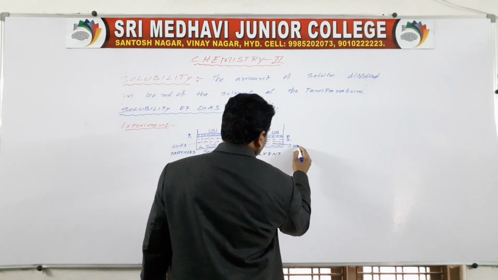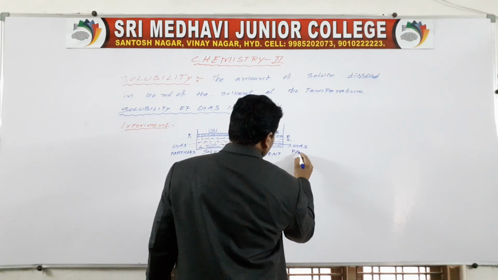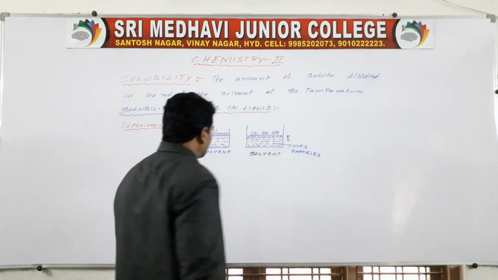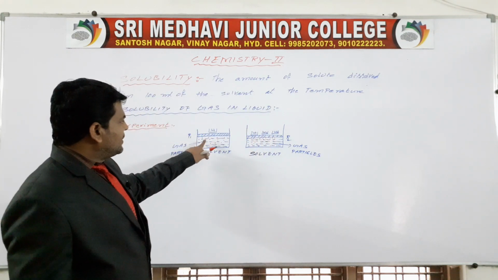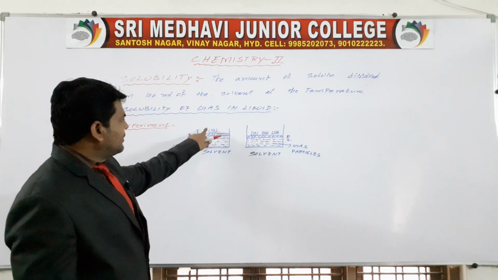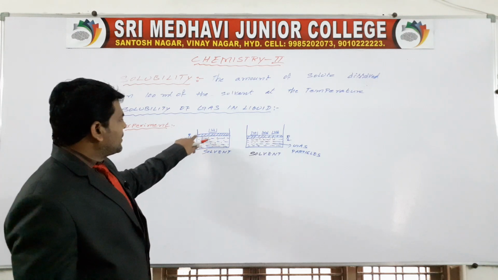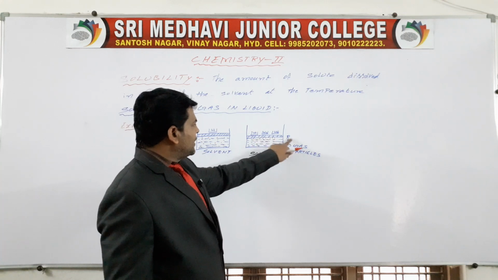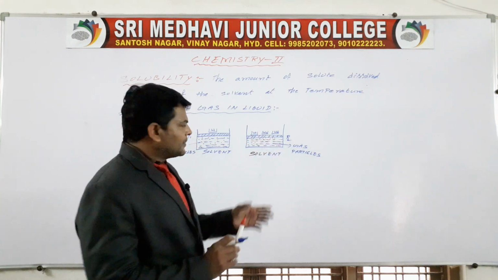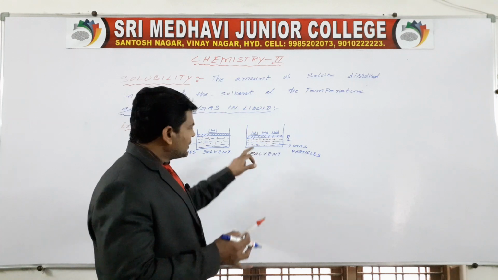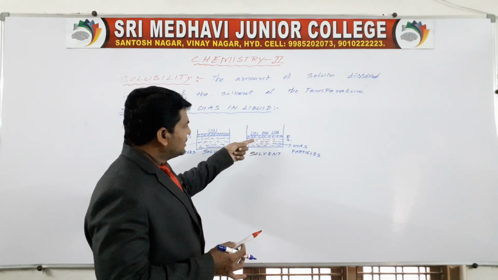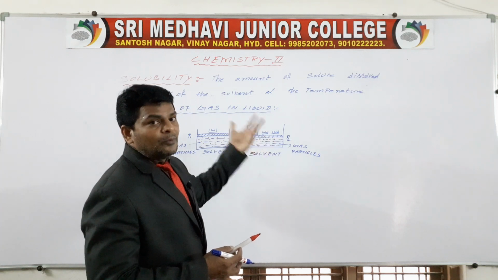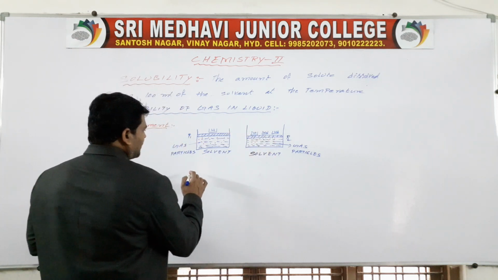These are gas particles. When applying pressure P1 with the help of weight W1, the distance between the gas particles is more. When applying pressure P2 with the help of W1, W2, W3, the gas particles come closer and strike the surface of the liquid more, so solubility is more.